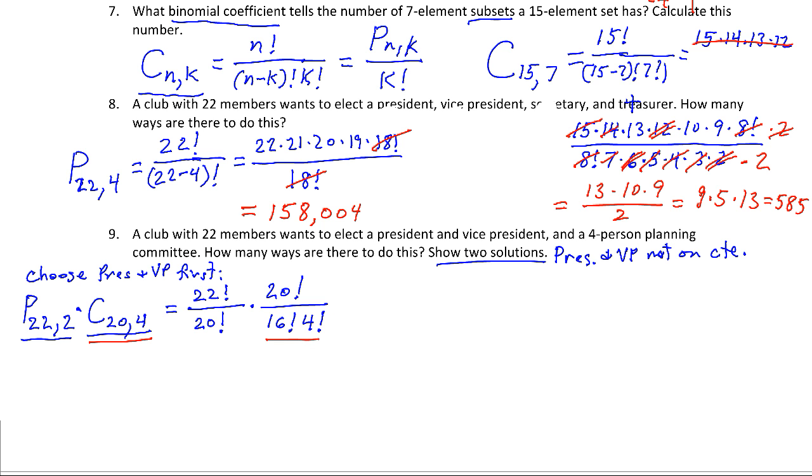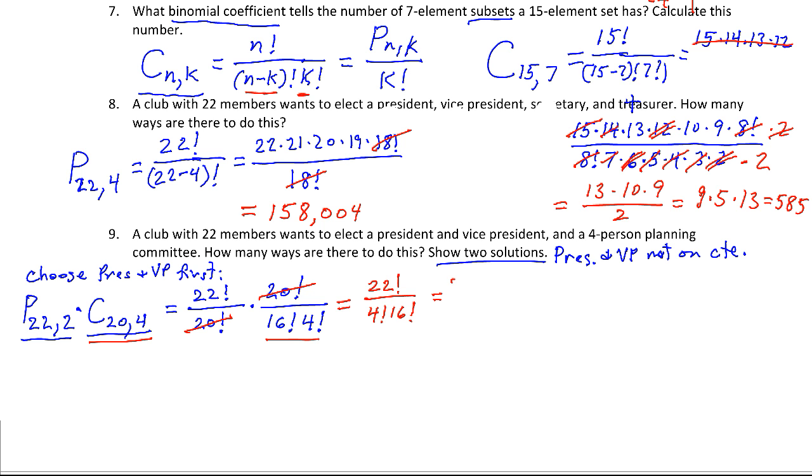So n minus k and k add up to n. Okay, in any case, the 20 factorials cancel, and what we have here is 22 factorial over 4 factorial, 16 factorial.